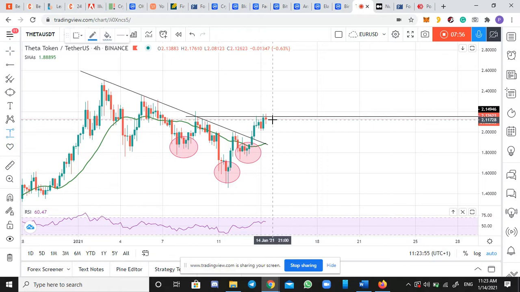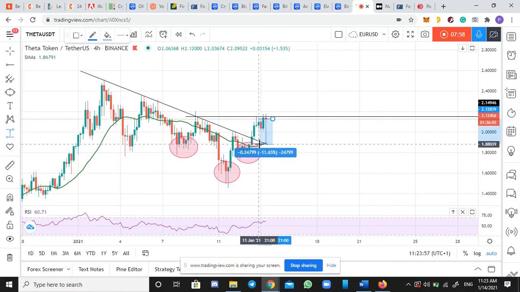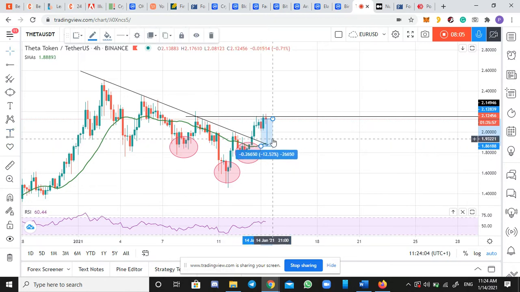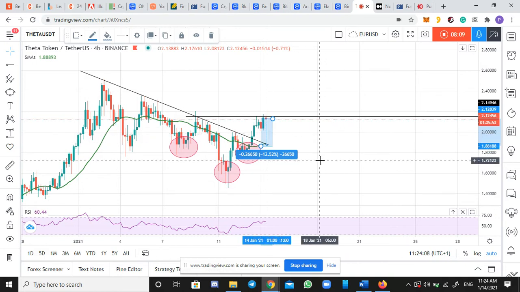Okay, so I won't be expecting price to come back down to this place, but just in case it does, if I'm using this, that means my stop loss will be about 1.86.